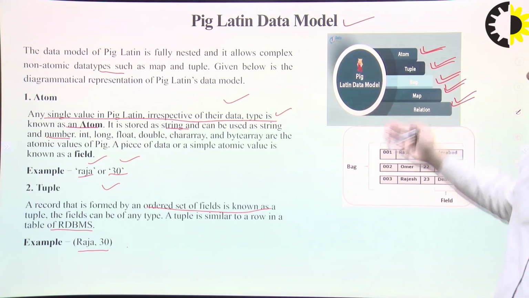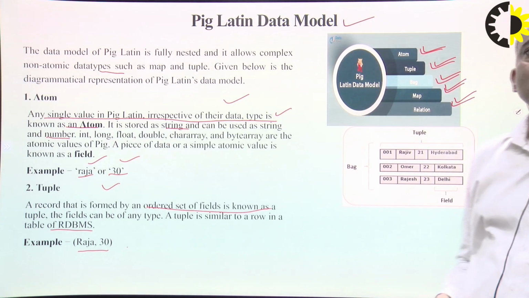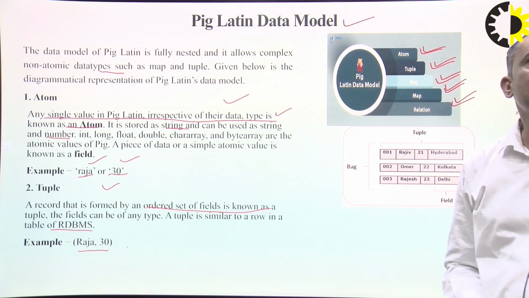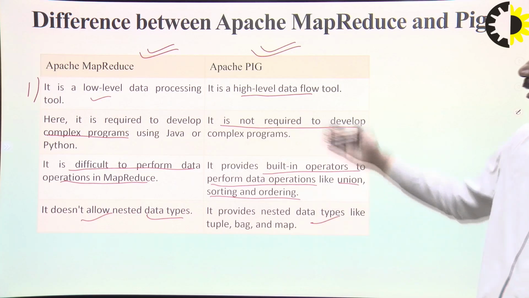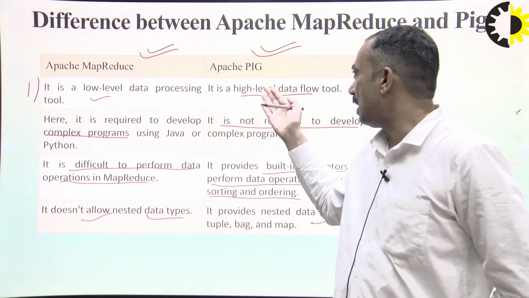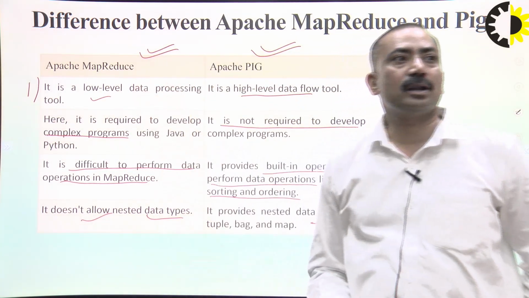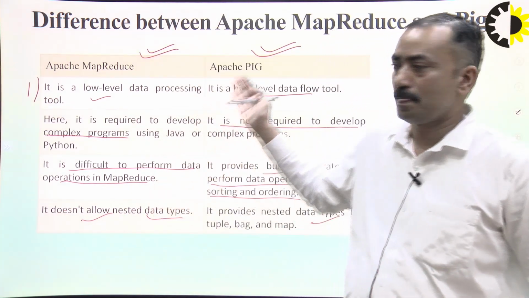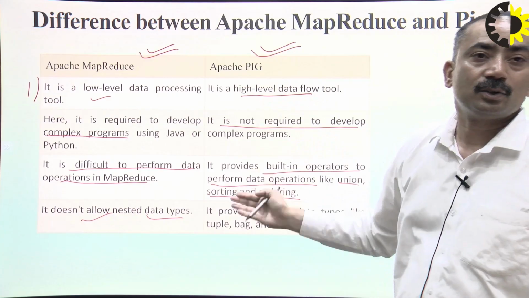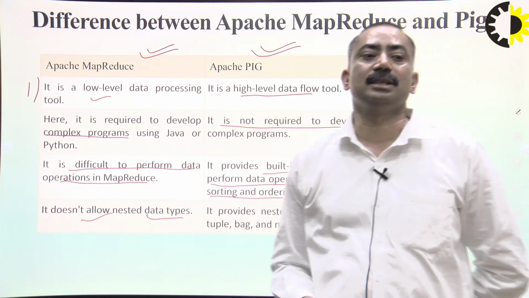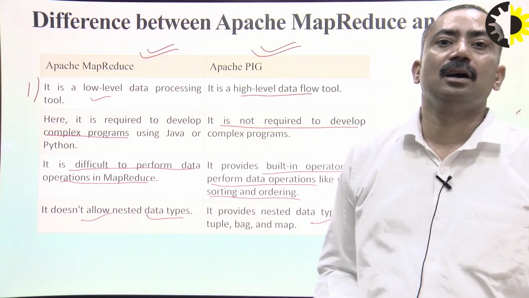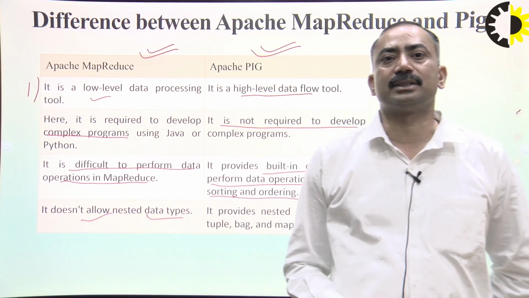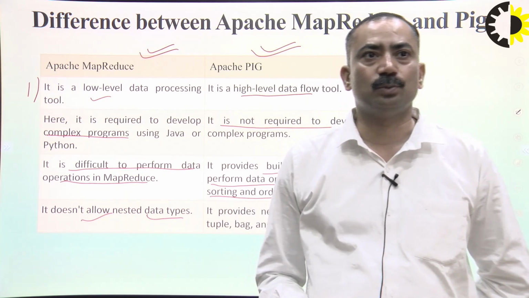And last, we have these 5 data models: atom, tuple, bag, map, and relation. And the difference, why there is a need of Apache Pig and what are the limitations of Apache MapReduce. So we are here to study Apache Pig, or there is a need to integrate Apache Pig to convert input data into HDFS. Thank you very much.